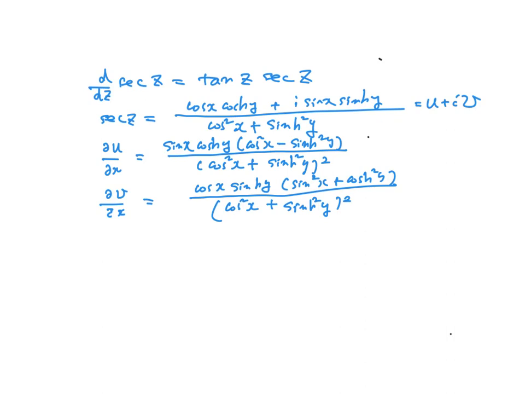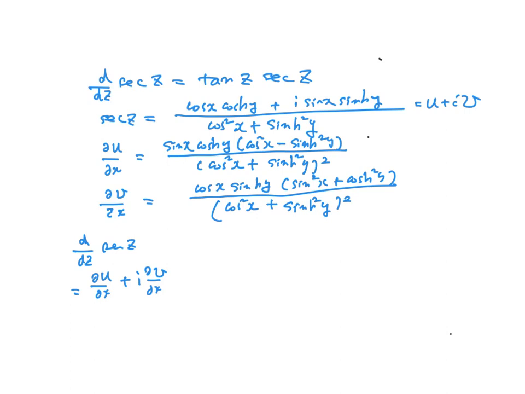So the derivative of secant z is partial x partial u plus i partial x partial v.